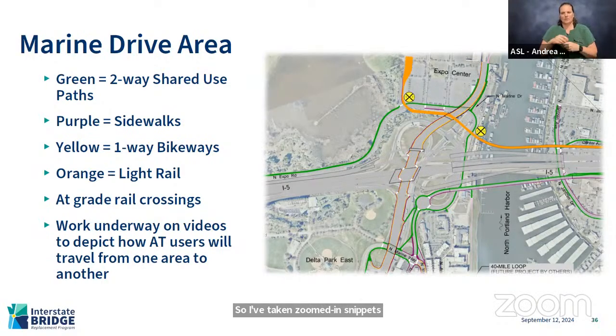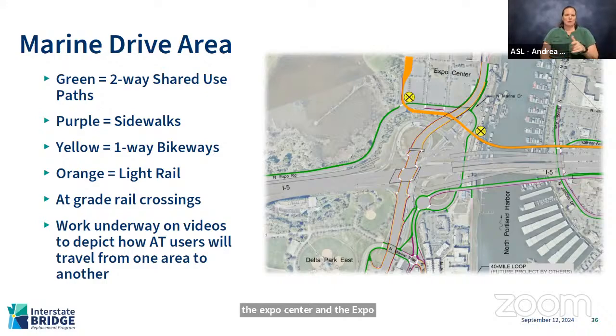So again, green represents the two-way shared use paths. The purple color that you see is simply a typical sidewalk. Yellow represents a one-way bikeway facility. The orange is the light rail extension. So we're looking at Marine Drive right now. You can see the Expo Center, and the Expo Station is there, underneath the line work.